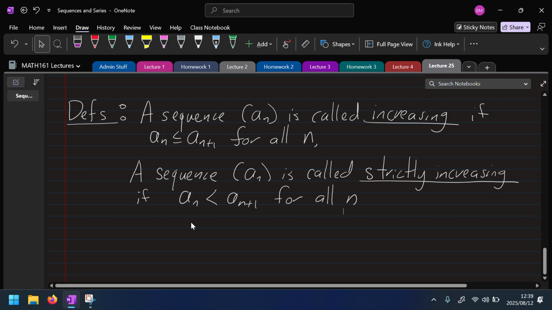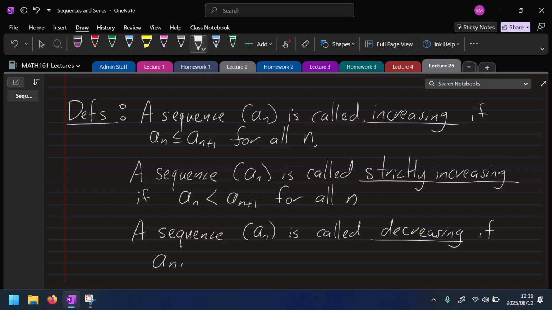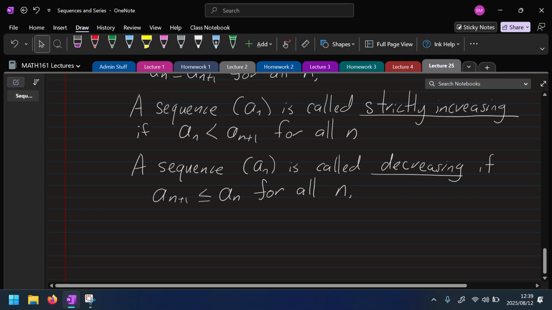Okay, and then we have the same thing for decreasing. A sequence a sub n is called decreasing if a n plus 1 is smaller than a n. So if the next term is smaller than the previous term, then it must be decreasing. And you can guess the next one, strictly decreasing.